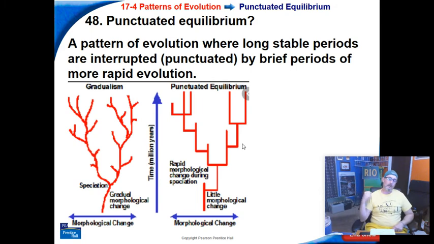So catastrophes in the environment can lead to this type of thing. Honestly, just habitat destruction or habitat modification in general can lead to punctuated equilibrium as well.